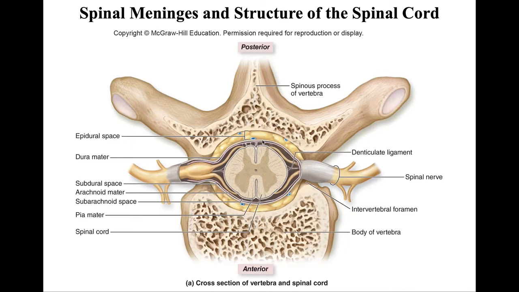Again, I'm working my way from the outer part in. So epidural space, then comes the dura mater. Below the dura mater, again using that chart that is available on Eagle Online, Chapter 13, Brain Meninges, is the subdural space. Then after the subdural space, we have the arachnoid mater.